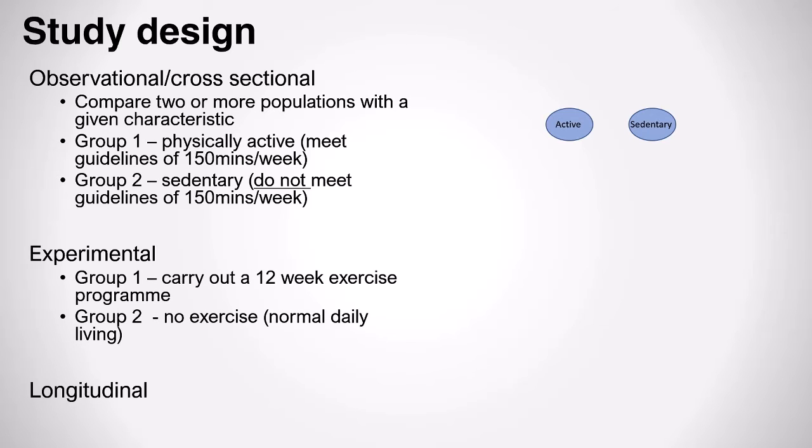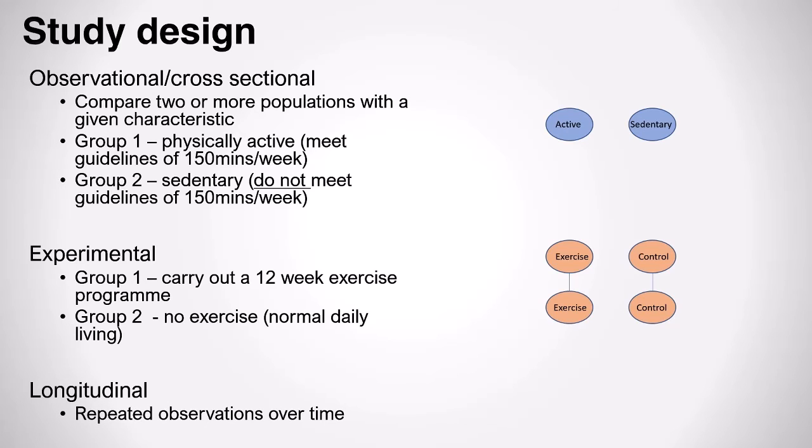Or an experiment, you would obviously have to create an intervention for that. And then you would have half on an exercise regime, and then you would have a control group. Obviously, you can't blind that kind of study because it's obvious whether you're in the exercise intervention or not.